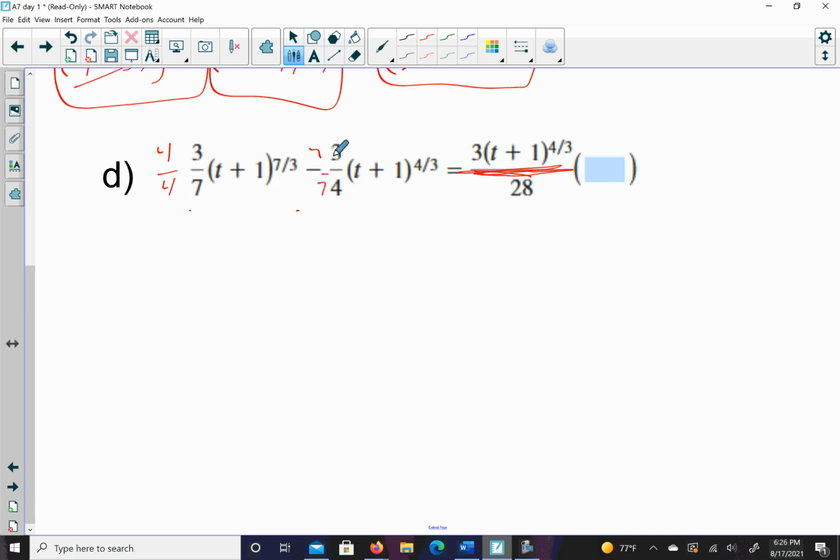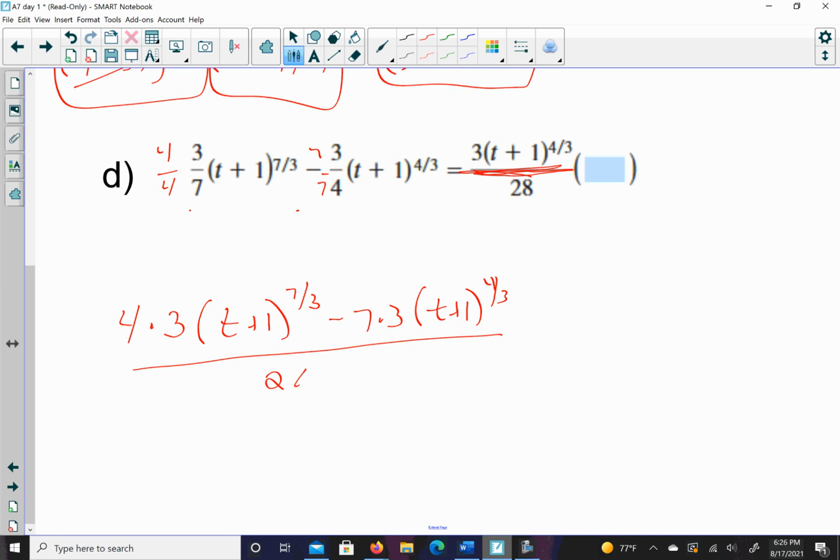So when I do this, I'm going to write 4 times 3. I know it's 12. You don't have to tell me that. So this will be t plus 1 to the 7/3 minus, and then I'm going to write 7 times 3. And then this is t plus 1 to the 4/3. And I just made this so it's over a denominator of 28.